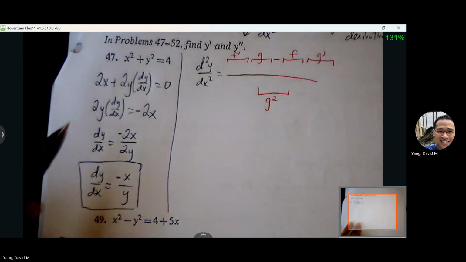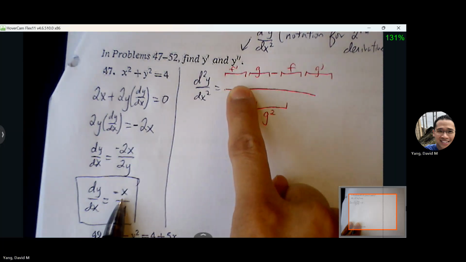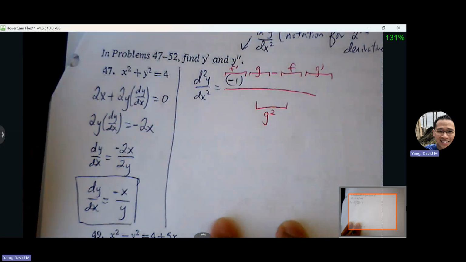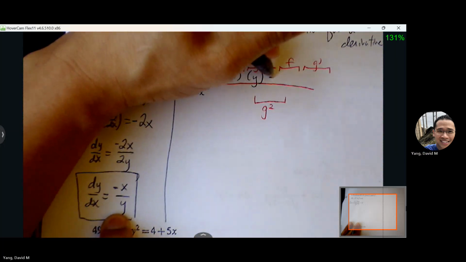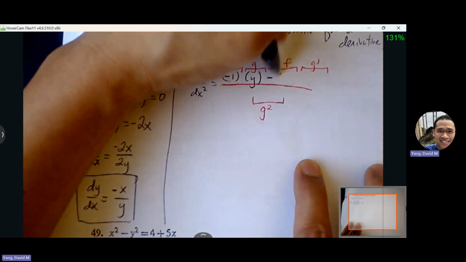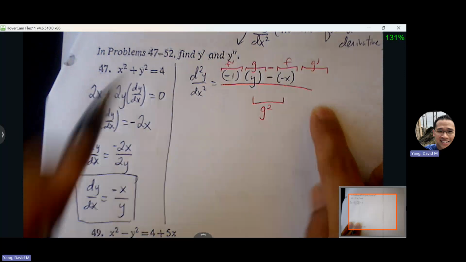Okay, f prime. What's f prime going to be? -1, okay. G function, just a y. Back to f, -x. G prime, dy dx, okay.